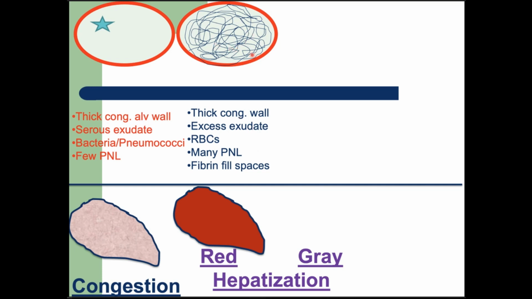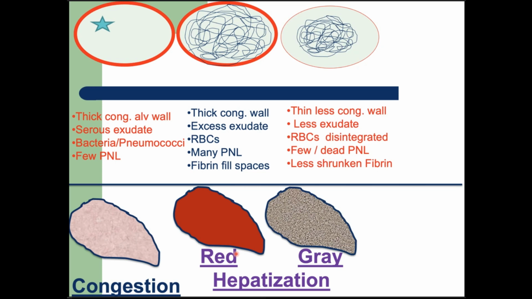Fibrin fills the space. This thread-like fibrin is present. So because of this, it is called red hepatization. It is now solid looking. It is full of fluid, RBCs, WBCs and fibrin. So it is red hepatization.